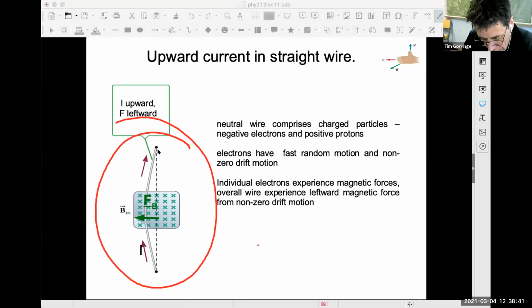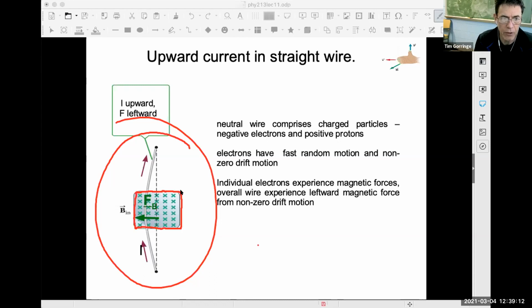Again, I stretched a wire across this region of magnetic field, where the field lines are heading inwards towards the screen, heading inwards towards the slide. That neutral wire is, again, full of charged building blocks, negative electrons, positive protons.